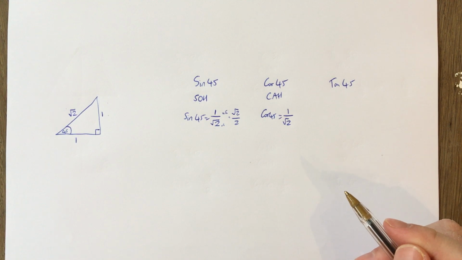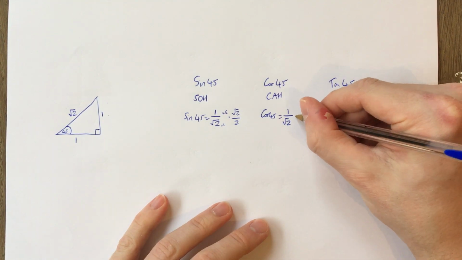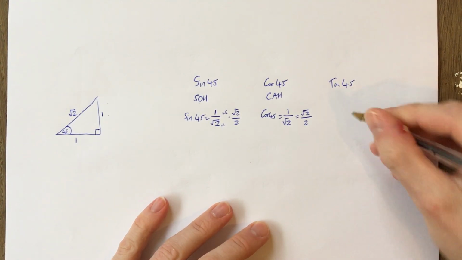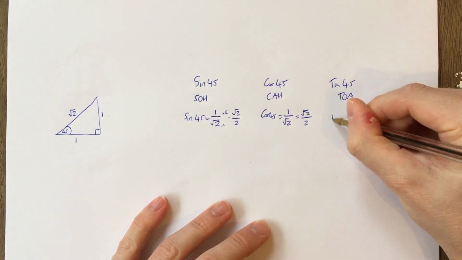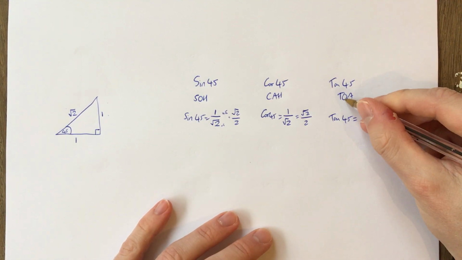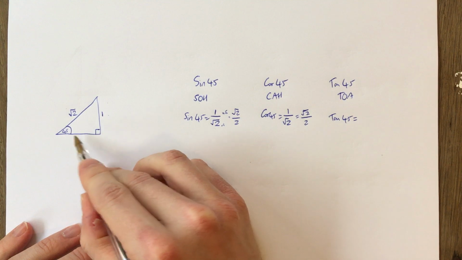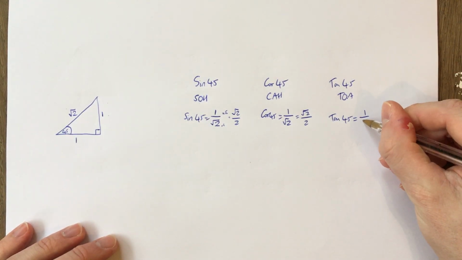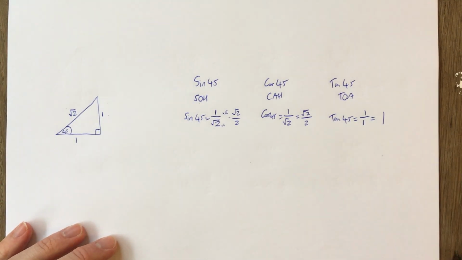Okay? Same as sin 45. Both of them 1 over root 2. And then for that same reason, root 2 over 2. Right. Tan 45. TOA. Tan 45 equals opposite over adjacent. So the opposite here is going to be 1. The adjacent here is going to be 1. So therefore 1 divided by 1 is 1.